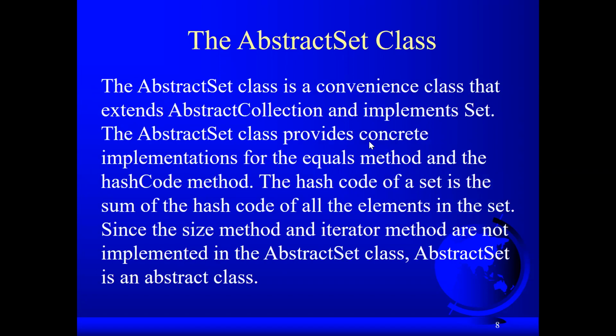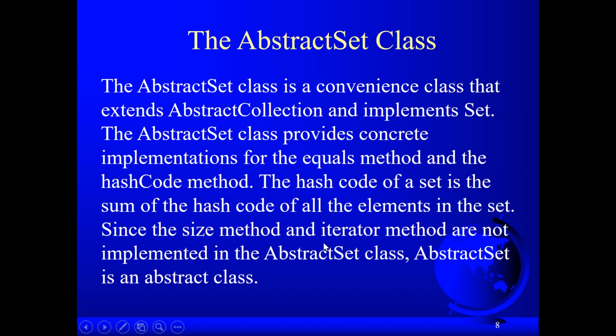First, the AbstractSet class is there. From the set interface, there is one abstract class which provides the partial implementation for the set interface, that is AbstractSet. The hash code of a set is the sum of the hash codes of all the elements in the set.